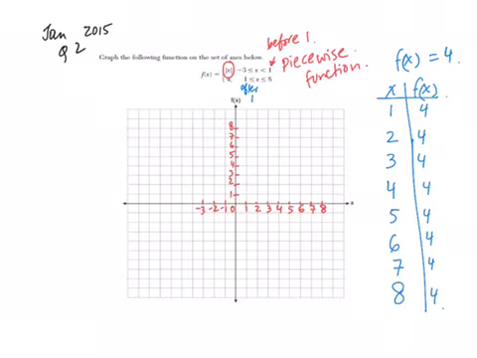Okay, so if we were to plot this, it's always 4. So let's do it in blue because I wrote it in blue. So 1 is 4, 2 is 4, 3 is 4.